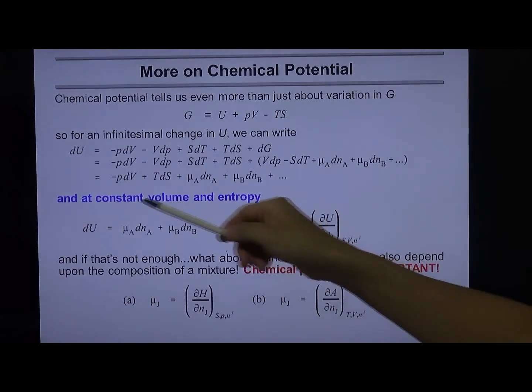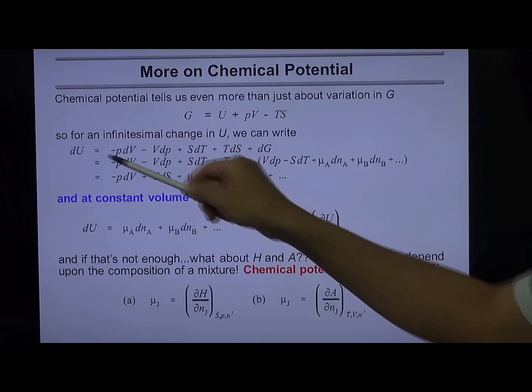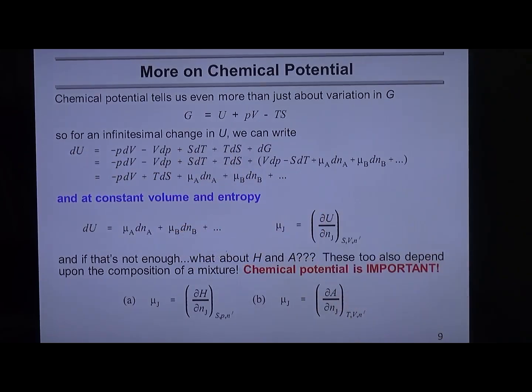So, for example, at constant volume and entropy, dU is equal to this.